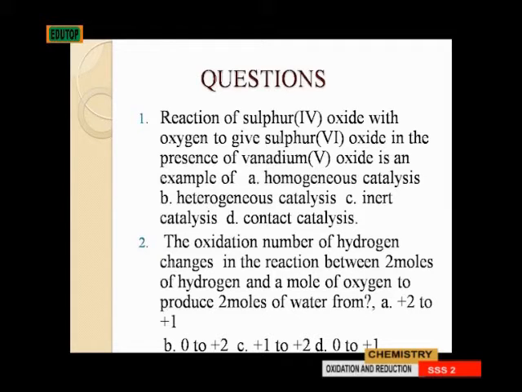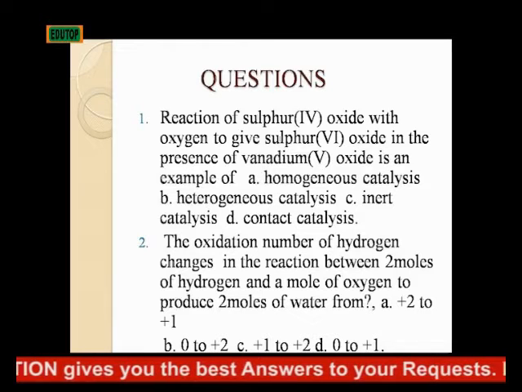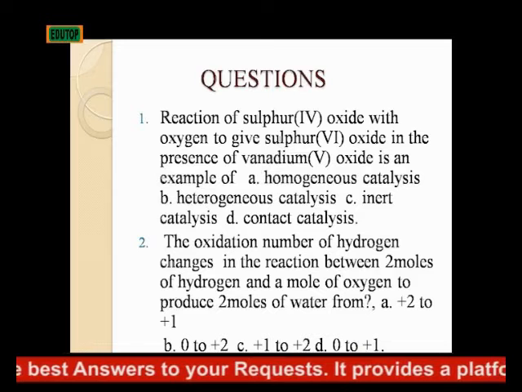2. The oxidation number of hydrogen changes in the reaction between 2 moles of hydrogen and 1 mole of oxygen to produce 2 moles of water from A +2 to +1, B 0 to +2, C +1 to +2, D 0 to +1.